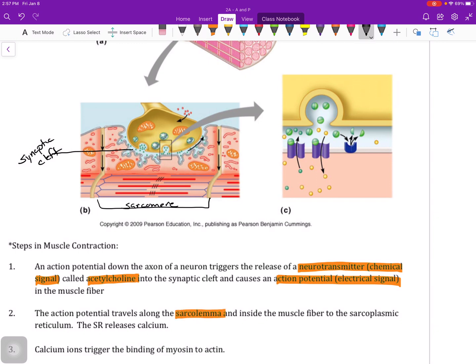Okay, so we'll kind of just write a note that that's our plasma membrane. And inside the muscle fiber down to the sarcoplasmic reticulum. It's there that the sarcoplasmic reticulum releases calcium. Okay? And you can see that happening here.